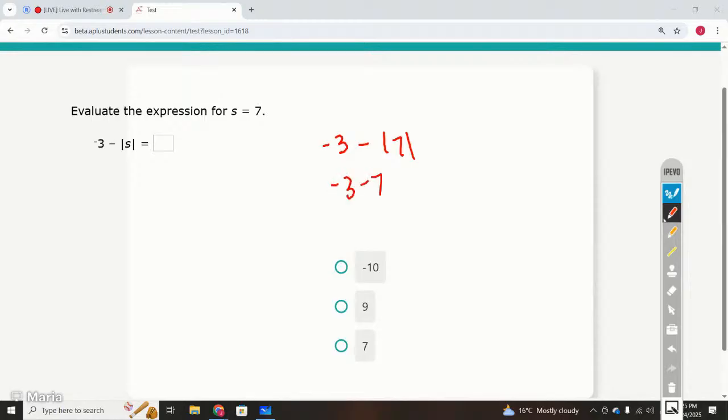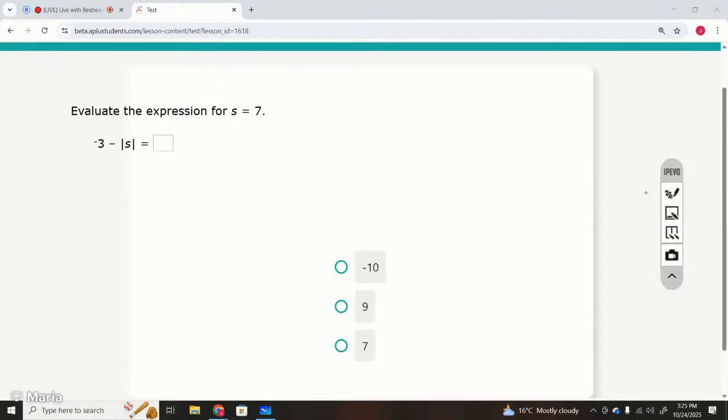So negative 3 minus 7 is negative 10. That is the correct option.